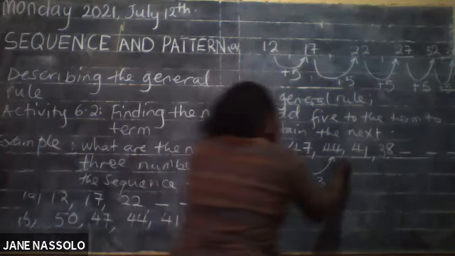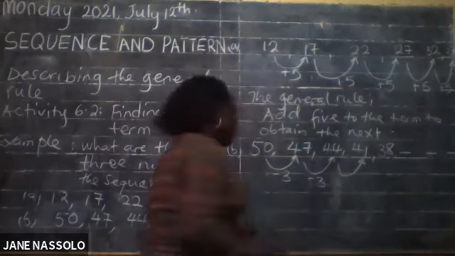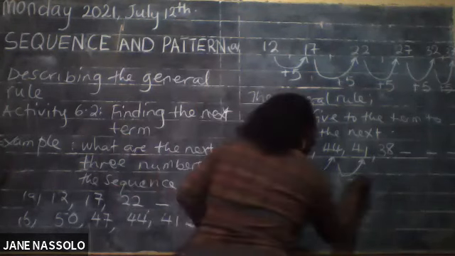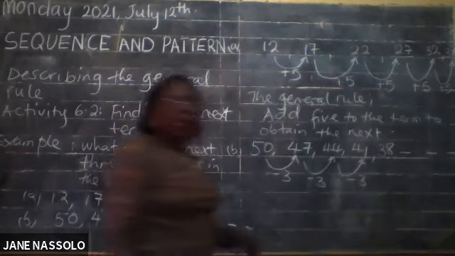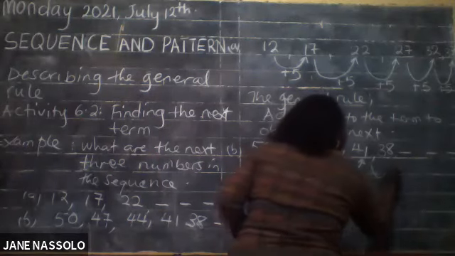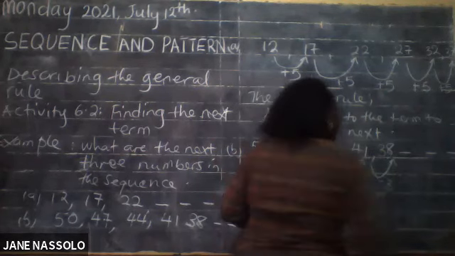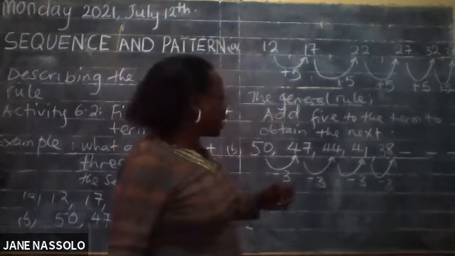Let's look at the third pair and see if it is still correct. We are subtracting 3 from 44. Do we get 41? Yes. So by now we are sure this is the rule that is being applied. From that term, the next one, subtract 3. What are we getting? 38.